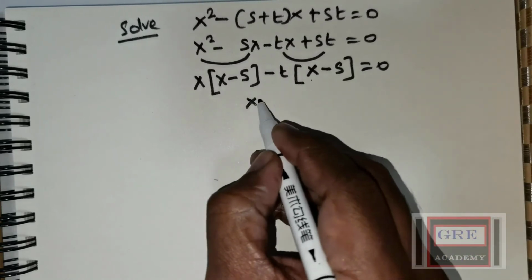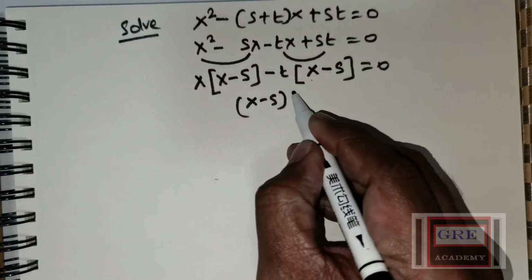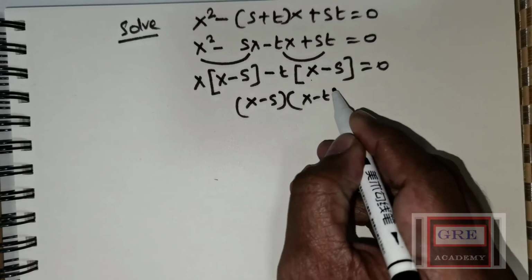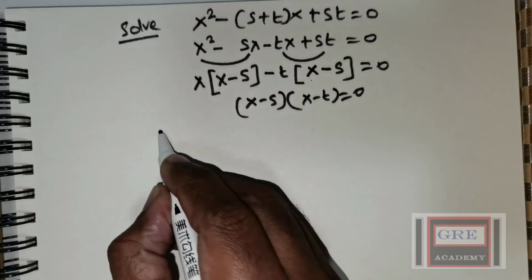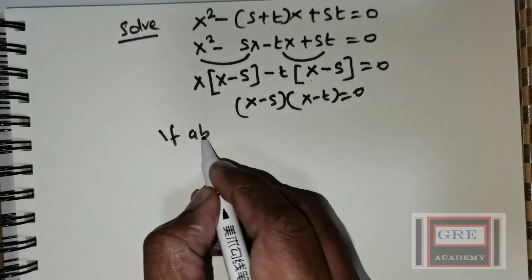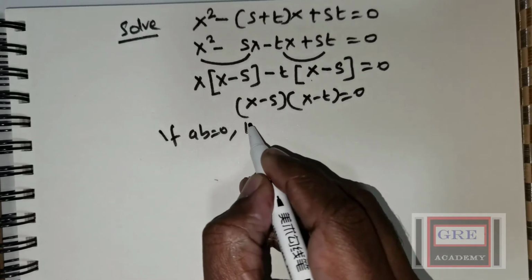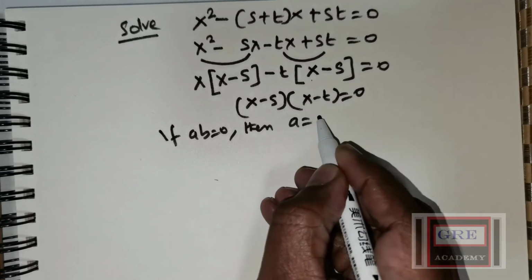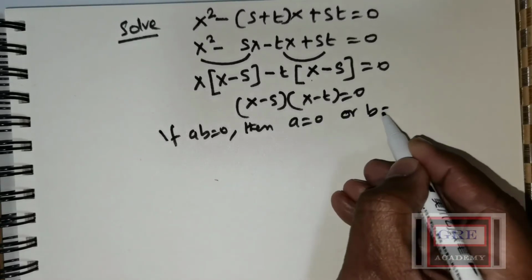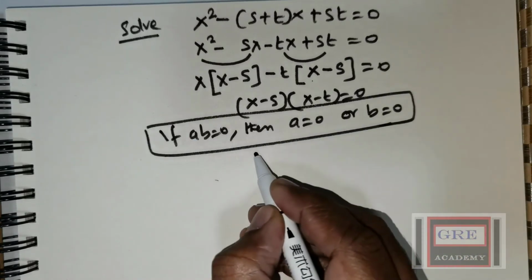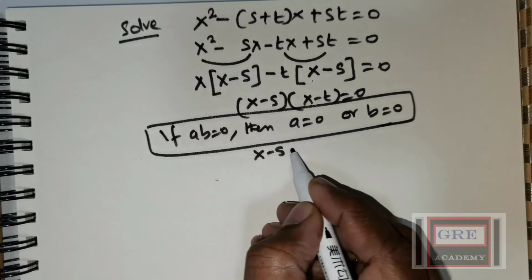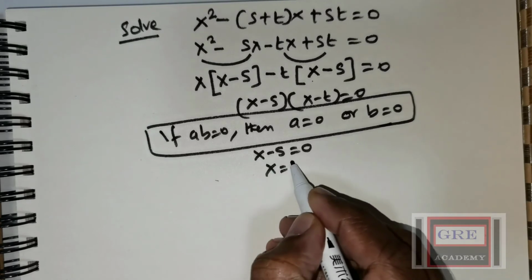Now clearly, I can take x minus s out, and that would give me x minus t equal to 0. Now from algebra we know that if ab is equal to 0, then either a is equal to 0 or b is equal to 0. This is an important statement that we have to know. Using that, we know that x minus s is equal to 0, which means x is equal to s.